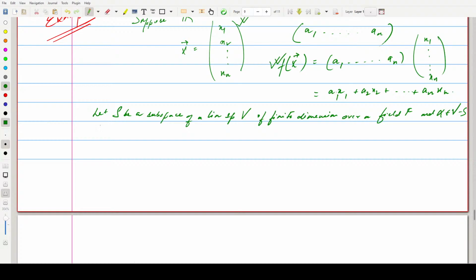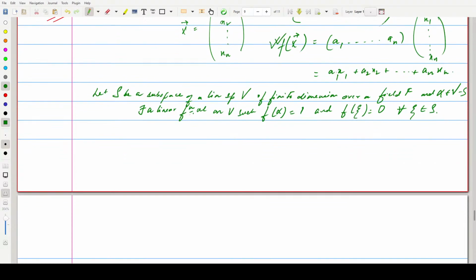We now show that there exists a linear functional on V such that f of alpha is equal to 1 and f of xi is equal to 0 for all xi belonging to S. Right? So how do we do this?